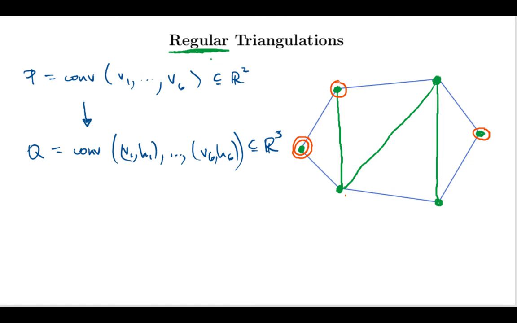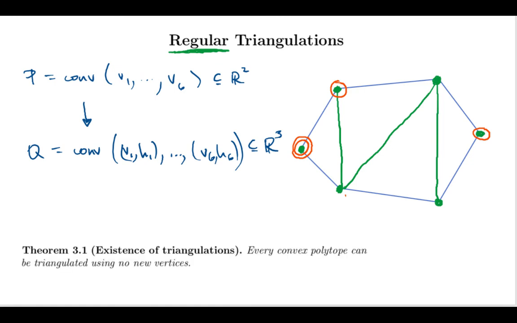I hope you're convinced that regular triangulations always exist, and this gives us the theorem that we were after: give me any polytope, and you will have a triangulation.